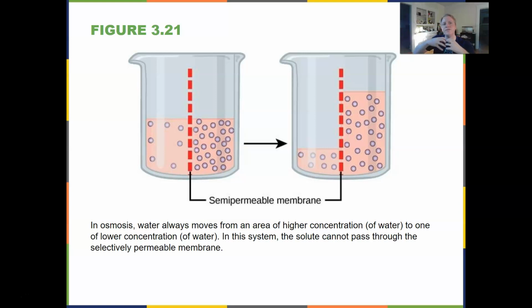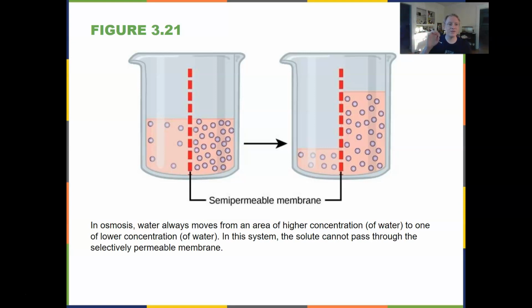Diffusion involves solute particles, and solute is a word you should know. Solute is the stuff that gets dissolved. If I were going to make myself a glass of sweet tea, I would take some tea and dissolve some sugar in it. In that example, what's the solute? The solute is the sugar. The solvent would be the tea, or the water in the tea, however you want to think about it.